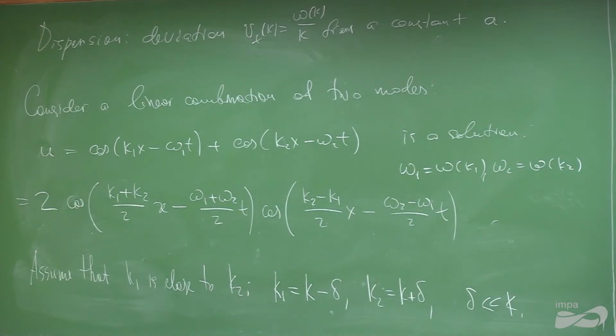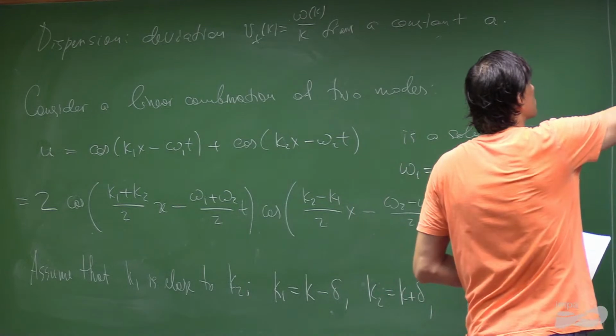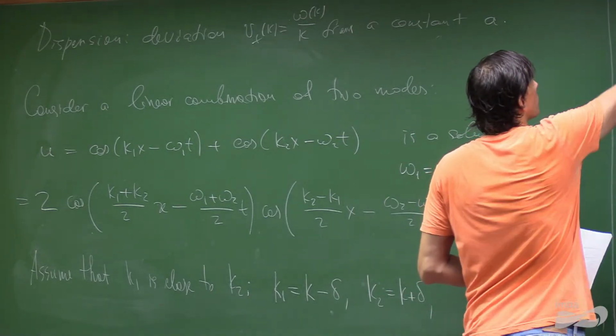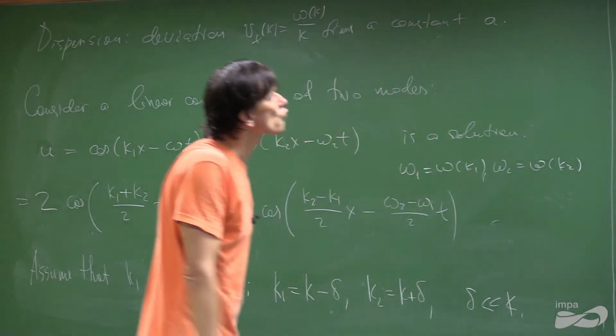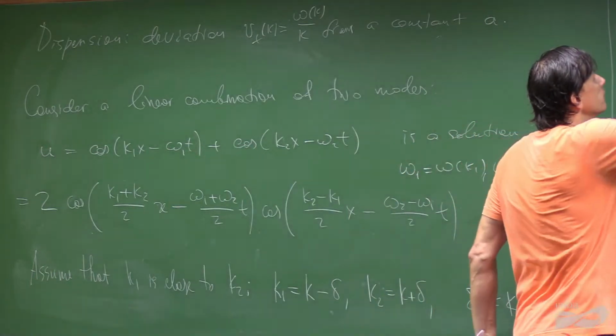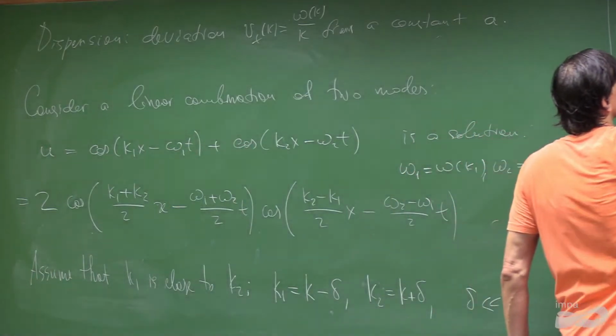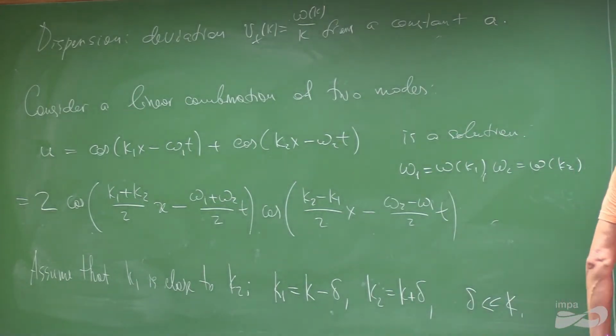So now we will compute frequencies. First frequency, omega 1. Omega at K1 we can write as the frequency at K minus delta.